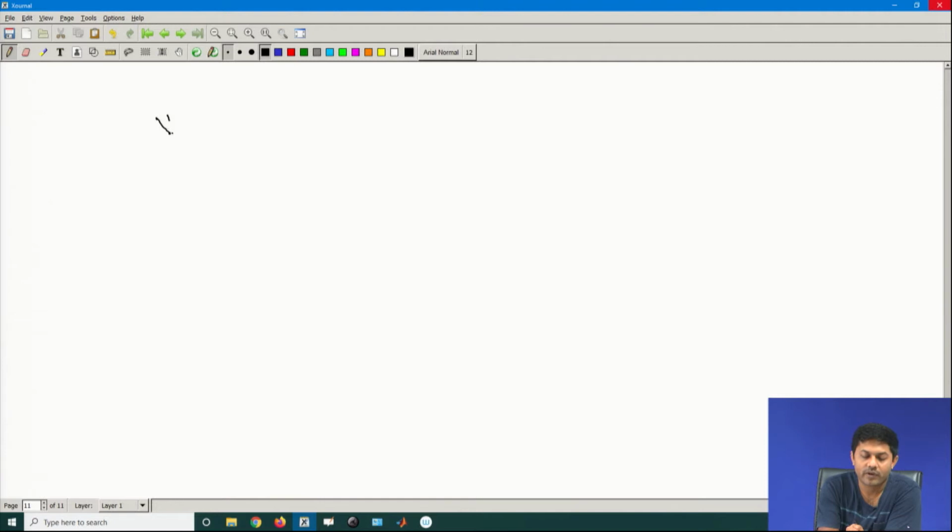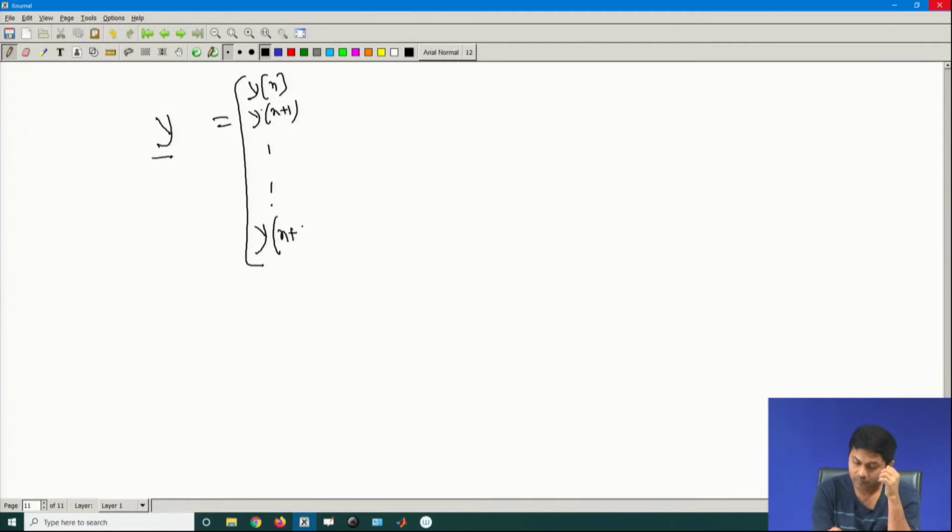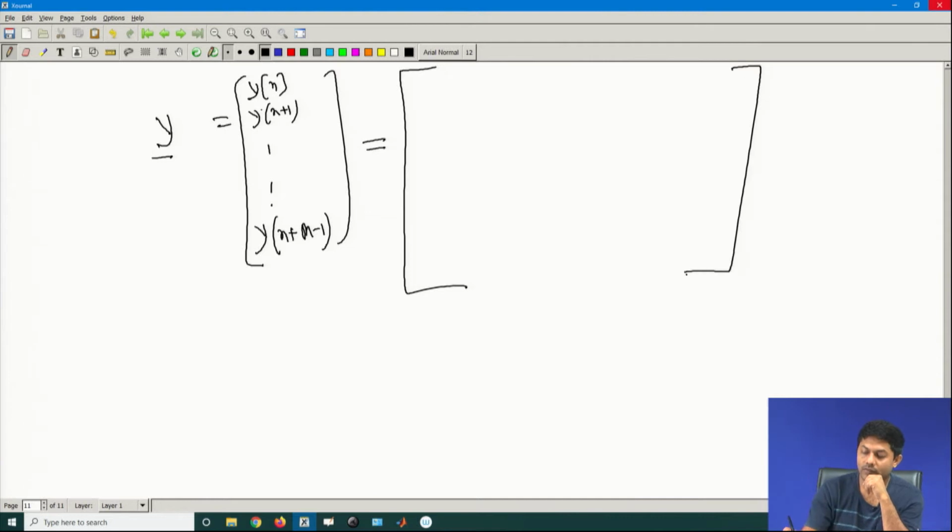Say I am calling it y bar. This will be what it would be. If you pay a little attention, you will see some channel matrix will be coming, right, and some data will be coming, as simple as that.